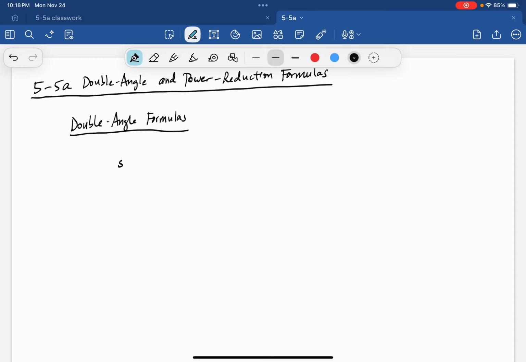So double angle formulas have to do with how we express, for example, sine of 2x in terms of sine x and cosine x, or cosine 2x, or tangent 2x. Okay, and as you can see, these are very easy to derive because 2x is simply equal to x plus x, right?